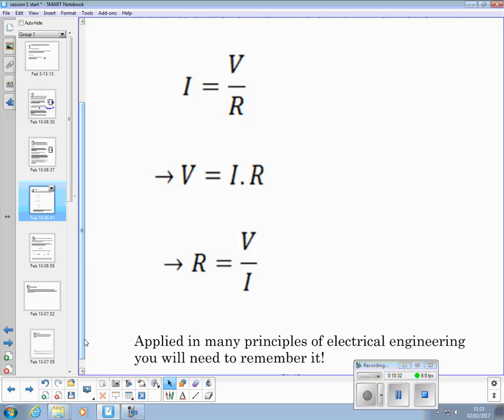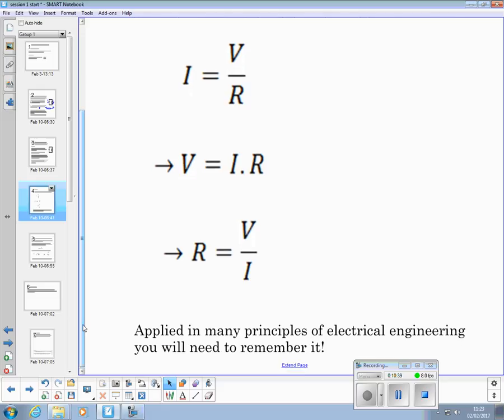It's applied in many principles of electrical engineering. You will need to remember it. Even when we get further down the road and look at quite complex, even at level 6, Ohm's law still applies, and you can always prove it.